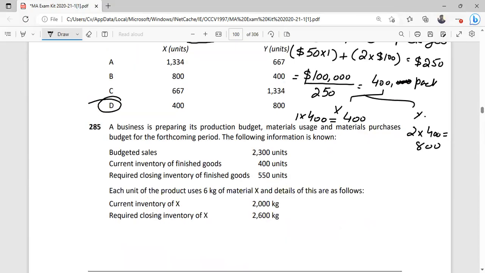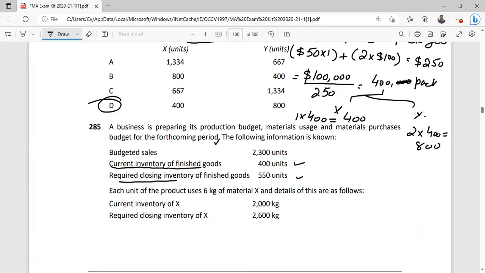A business is preparing its production budget, material usage and material purchases budget for the forthcoming period. The following information is known: budgeted sales, current inventory of finished goods, and required closing inventory of finished goods.